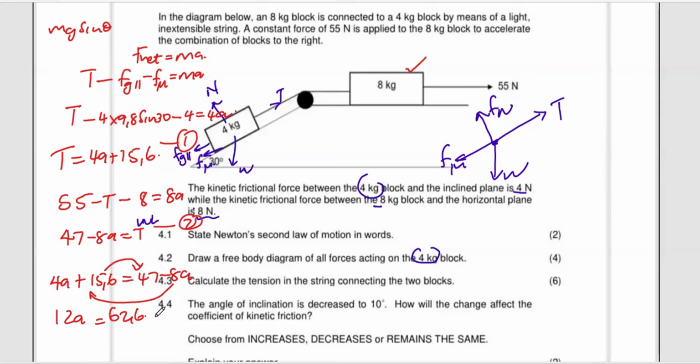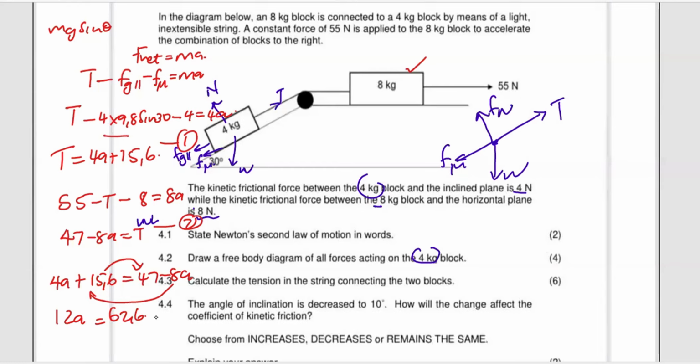Let me just go up here by the forces, the first ones, and confirm. 4 times 9.8 sine of 30. Okay, we are plussing 4. There we go.